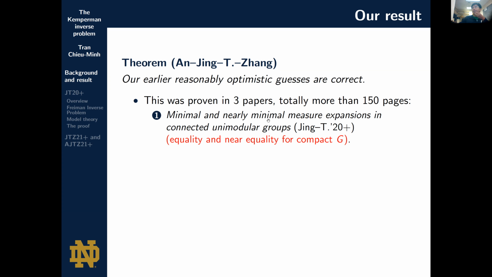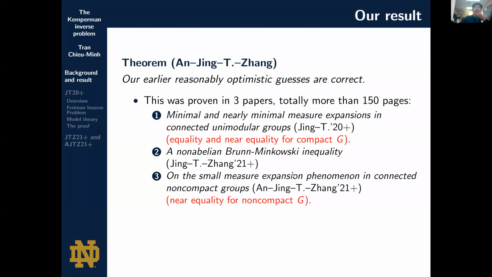The first paper in 2020 handles the equality and near equality case for a compact group G. After that, we have an intermediate paper where we develop some tools, and that is a paper on a non-trivial Minkowski inequality. And finally, recently, using that tool, we handled the last case of the inequality problem for non-compact G.